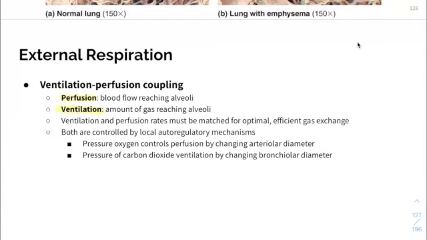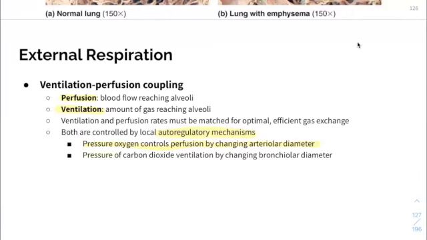So just like our heart rate is monitored by autoregulatory mechanisms, so is our breathing. So oxygen controls the perfusion. They can change the diameter of that capillary. So those capillary walls can actually dilate and get bigger to allow more blood cells in.